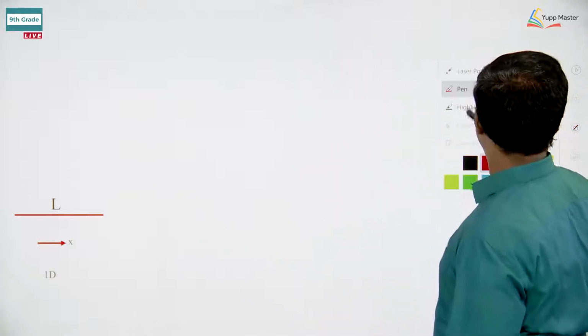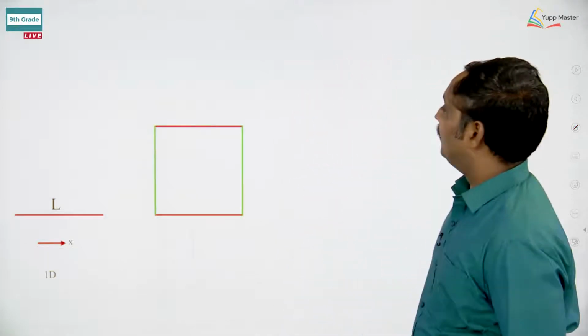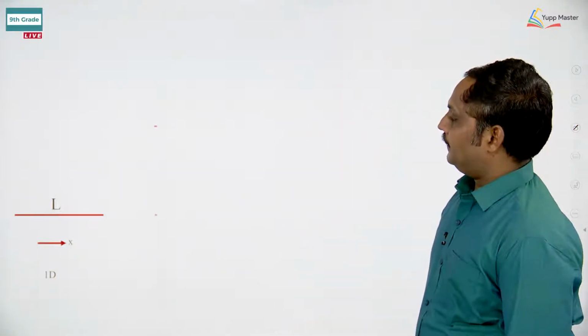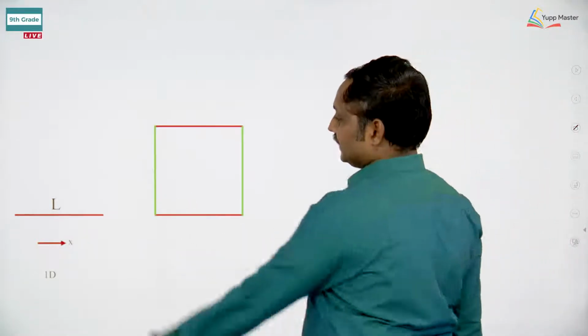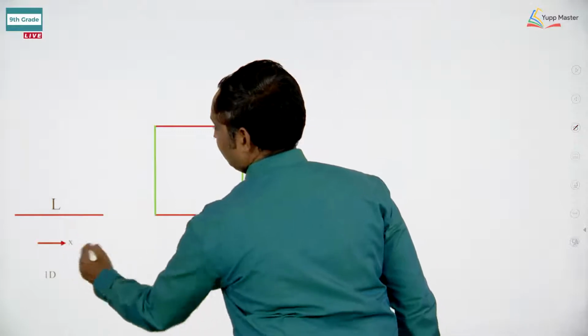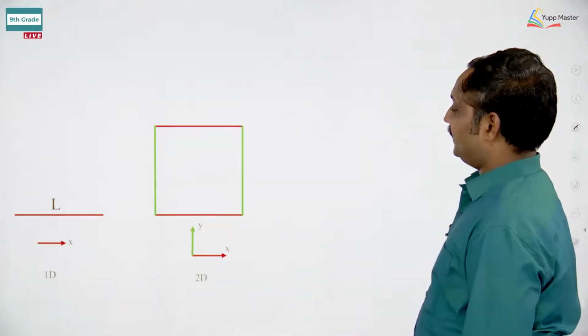Now, if you are going to take this length L in 1D, this is a one-dimensional view, and this is a two-dimensional view. Let us see that.